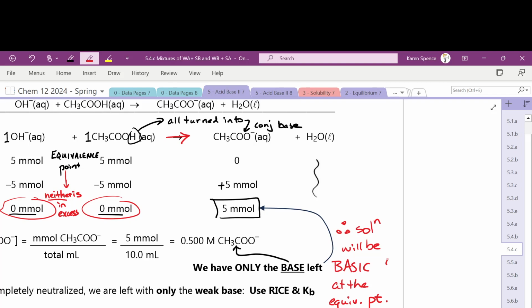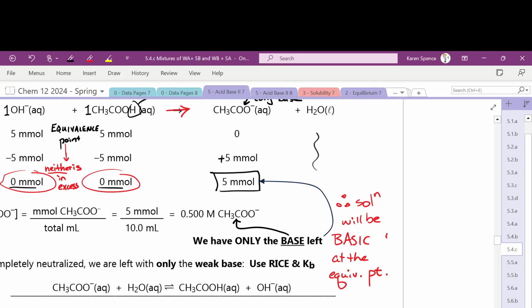If you are reacting a strong base with a weak acid, you are going to produce a basic salt. The reason you think it's pH 7 is because up until now we've been reacting a strong base and a strong acid, and the salt we get is a neutral salt. There is no hydrolysis. But the moment you put a strong acid with a weak base or a weak acid with a strong base, you get a salt which is either going to be an acidic salt or a basic salt. Okay?